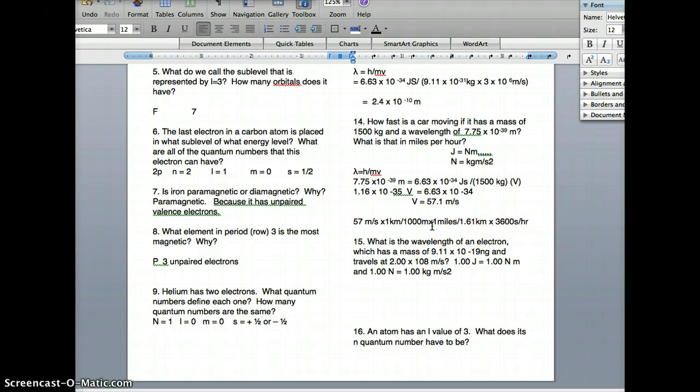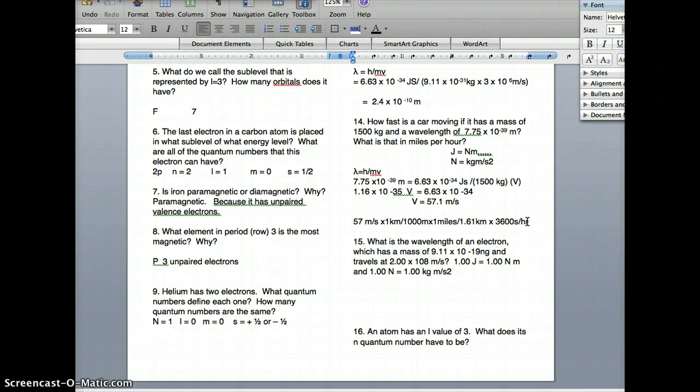And then our final answer in miles per hour would be 57 multiplied by the things on top, which would be 1, so I won't mess with that, times 1, times 3,600. That's 205,200.